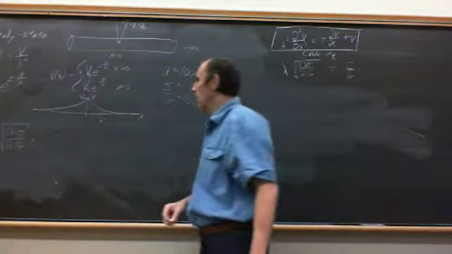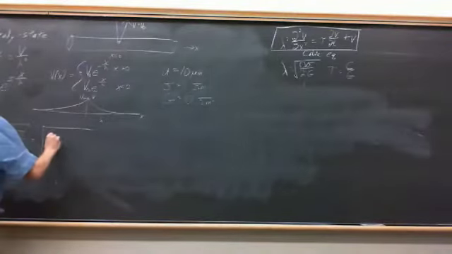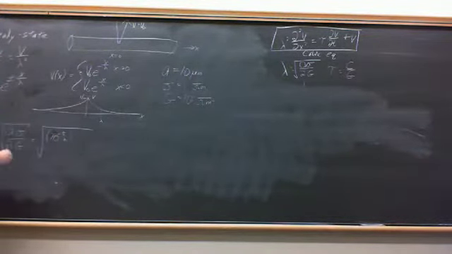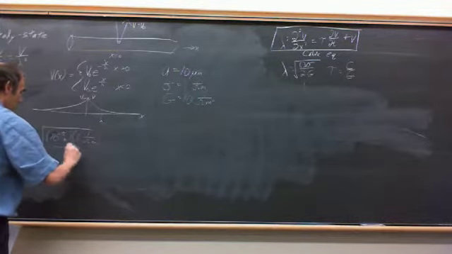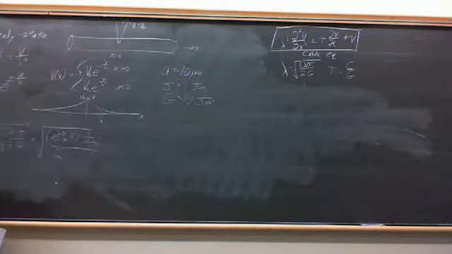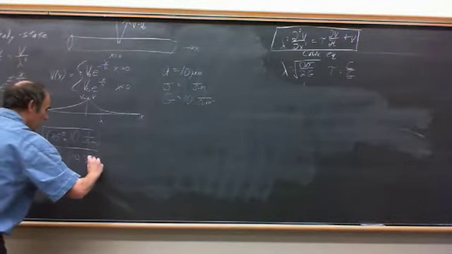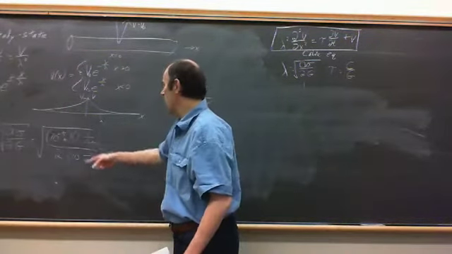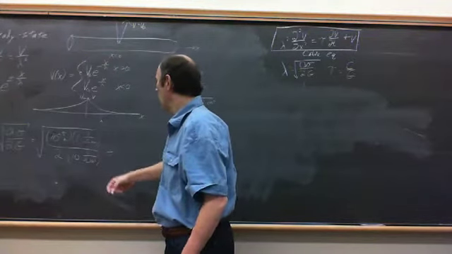So we'll put these values in. 10 microns, that's 10 to the minus 5 meters, times sigma, which is 1 over ohm meter, divided by 2, and G is 10, 1 over ohm meter squared. Okay, the ohms cancel.